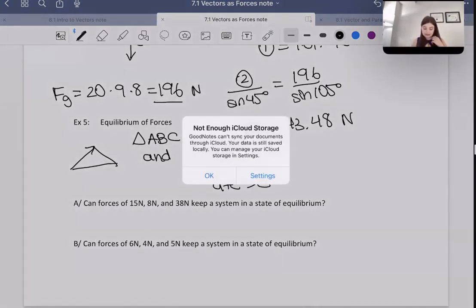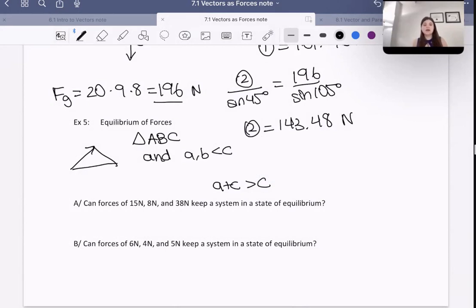Because let's think about it. If we have 3 lengths of a triangle and the longest side is shorter than the addition of the other 2 sides, then we can't make a triangle, right? We can't make a triangle with those values. If we add the first 2 sides up and then the other one is shorter than that, right?